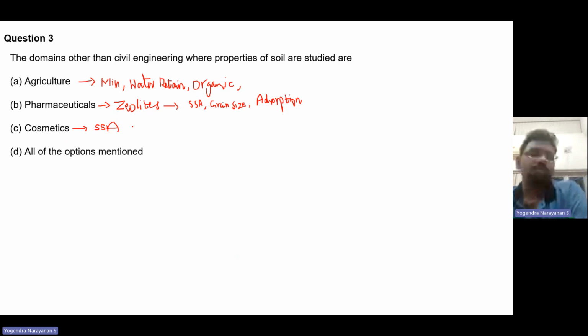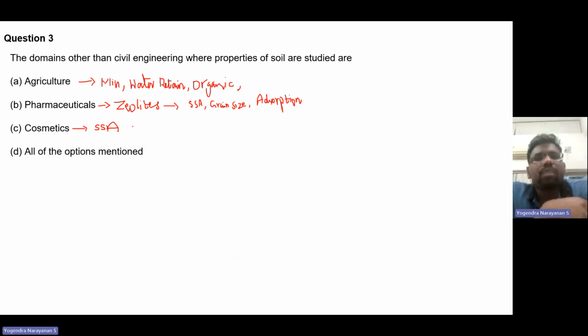One of the very common examples that we can find in day-to-day life is where soils are themselves used as cosmetic materials, such as talcum powder and the famous multani mitti.